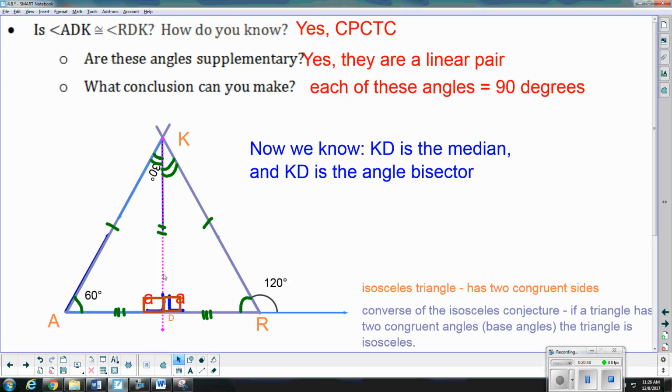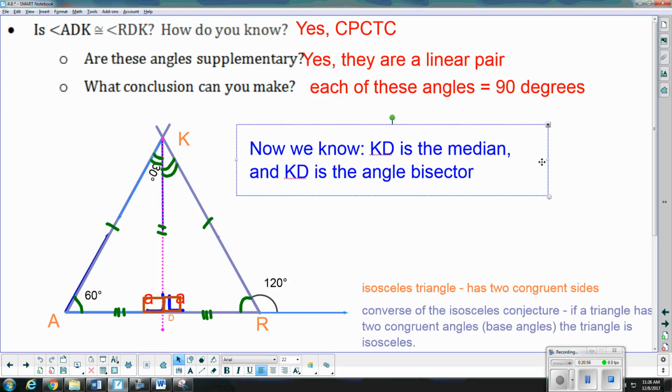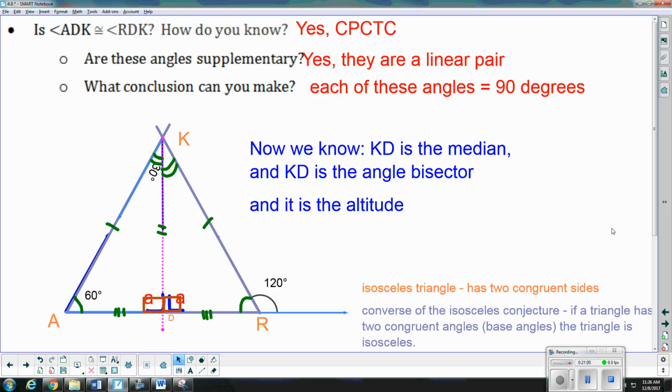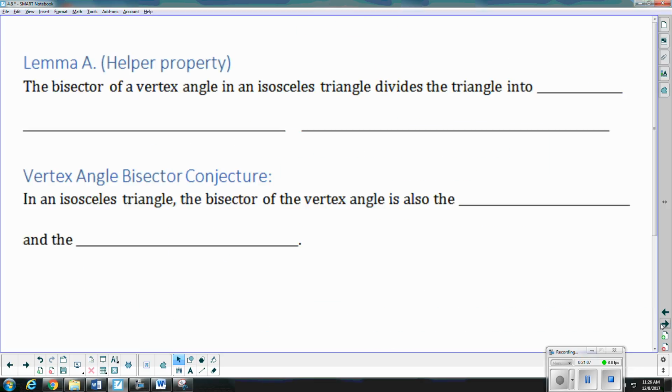So KD is perpendicular to the opposite side, so now we know that it's the median, and it's the angle bisector, and it is the altitude. So now we've just proved this lemma.